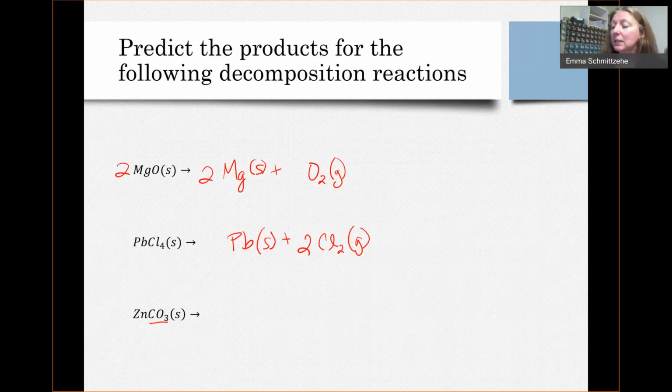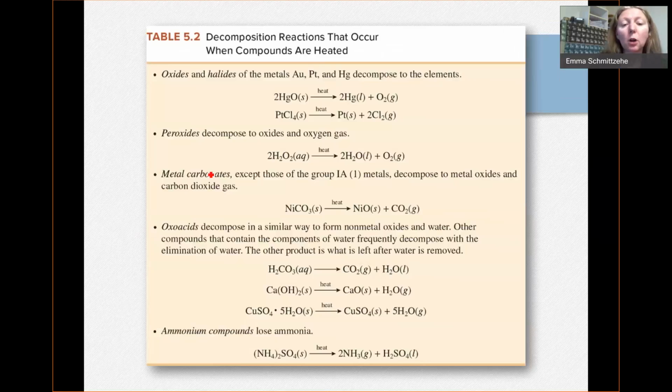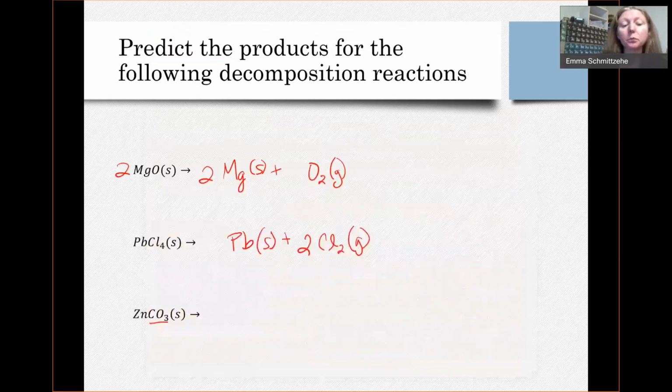And you can even see that if you go back to that table. Remember, it tells you metal carbonates decompose to a metal oxide and carbon dioxide gas. So the metal still stays bound to oxygen, and then carbon dioxide comes off. So we're going to have zinc with oxygen, and then we're going to have carbon dioxide.